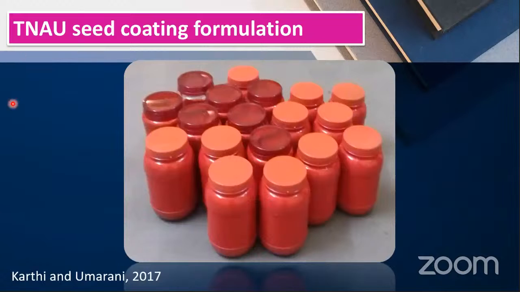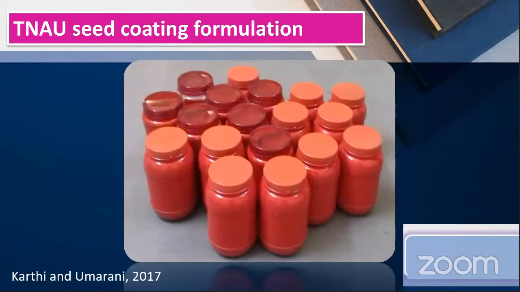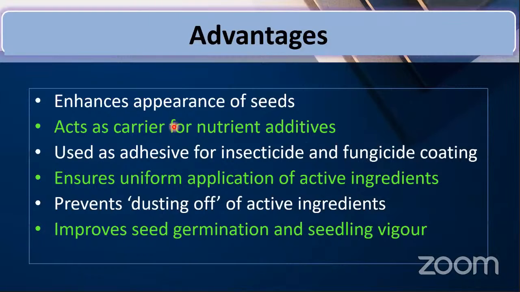So now I wish to introduce to you the TNAU seed coating formulation. This was the research taken up by my own student, Mr. Karthi, in the year 2017. Normally the advantages of seed coating polymer are that it enhances the appearance, acts as a carrier for nutrient additives, is used as an adhesive for insecticide and fungicide, ensures uniform application of active ingredients, and prevents dusting off of active ingredients.